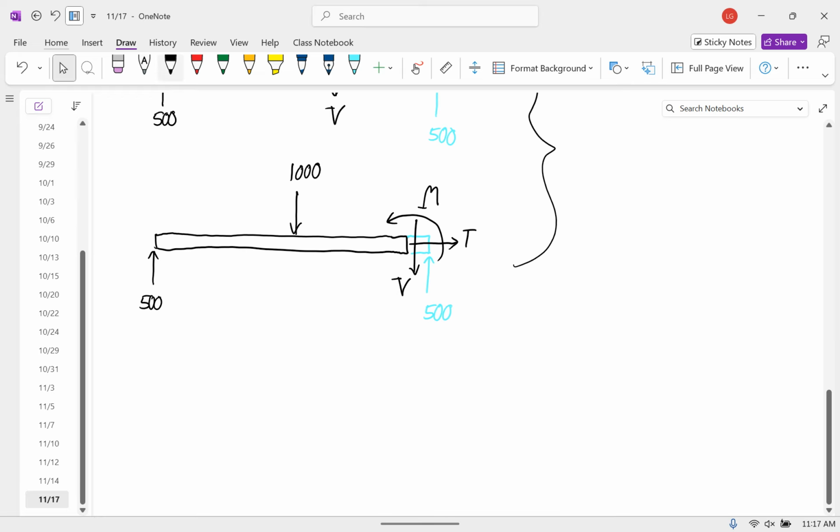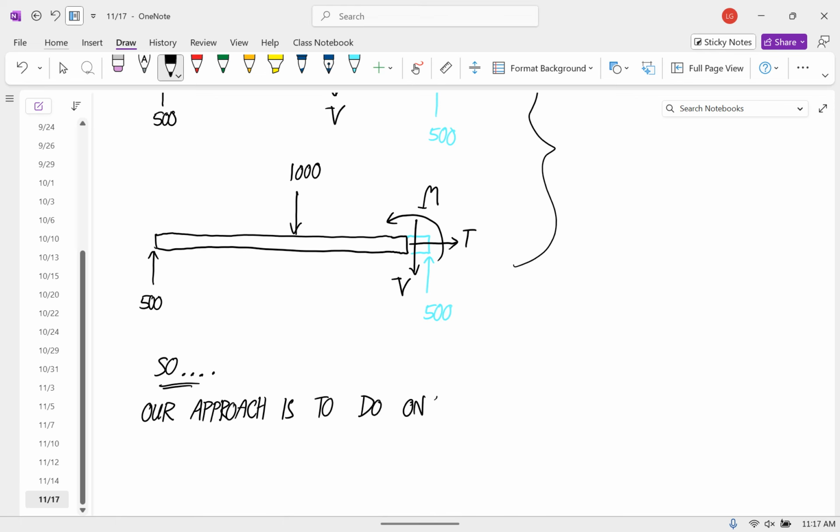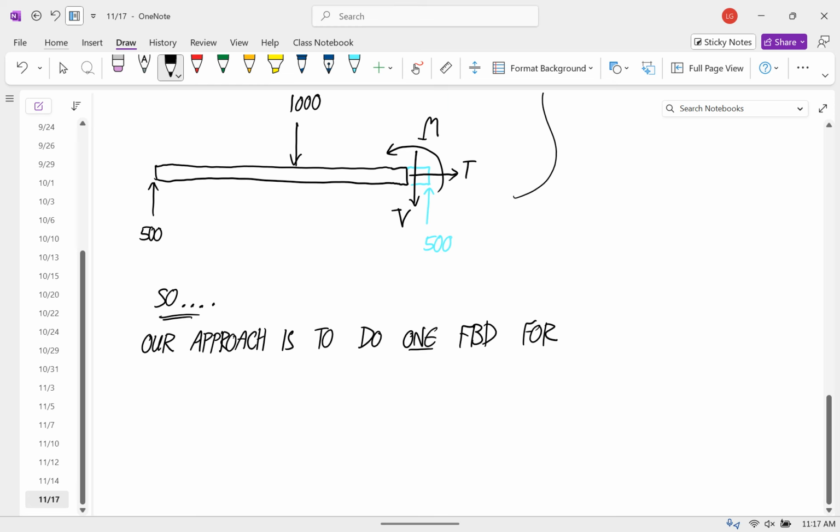And so our approach is to do one free body diagram for each group of pieces that are qualitatively the same.